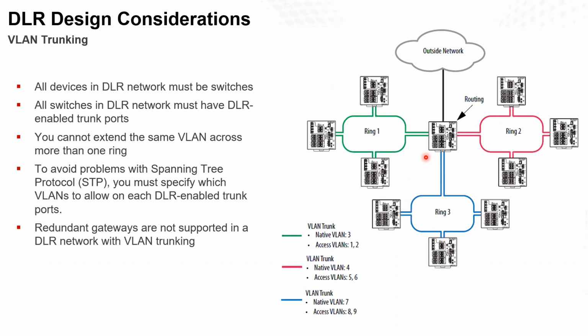I have a high-speed DLR ring for where they need it, and we're running a REP ring up on top to connect all the islands of automation. In this case, you notice the 5400 there is not a redundant gateway because we can't support the VLAN trunking needed for it. So that's why we only have the single gateway there.